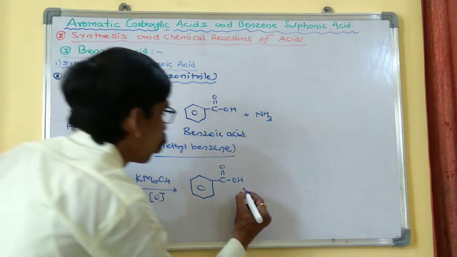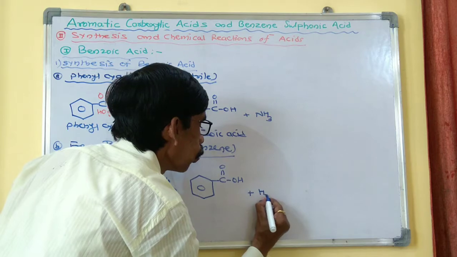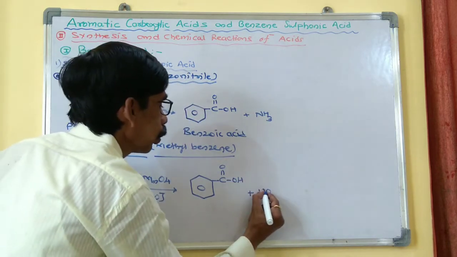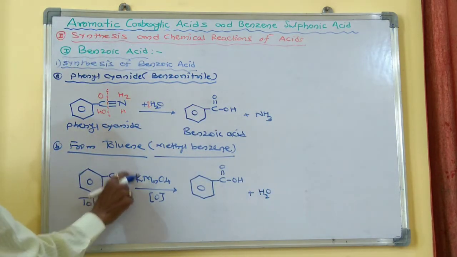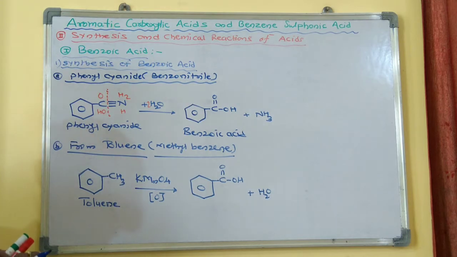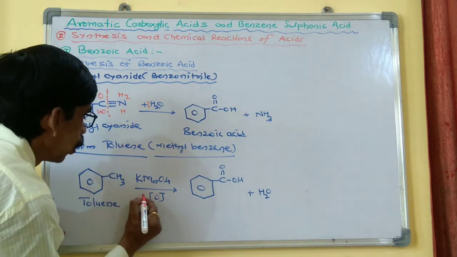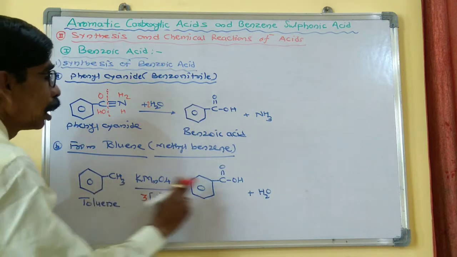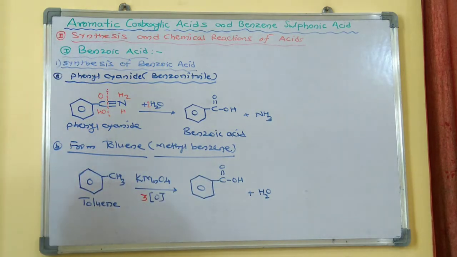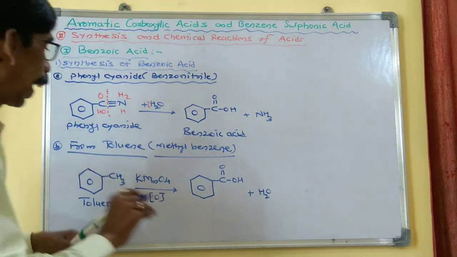That is, one water molecule is removed by one oxygen and two hydrogen atoms from this CH3. So there is a requirement of three oxygen atoms for this CH3 to COOH. So this is the formation of benzoic acid.